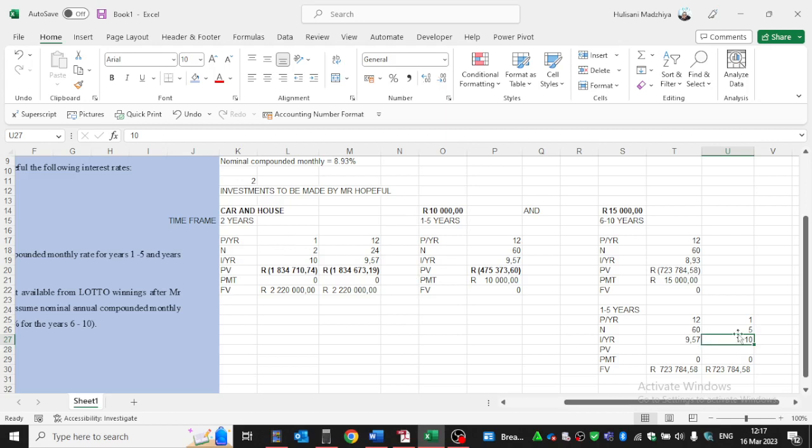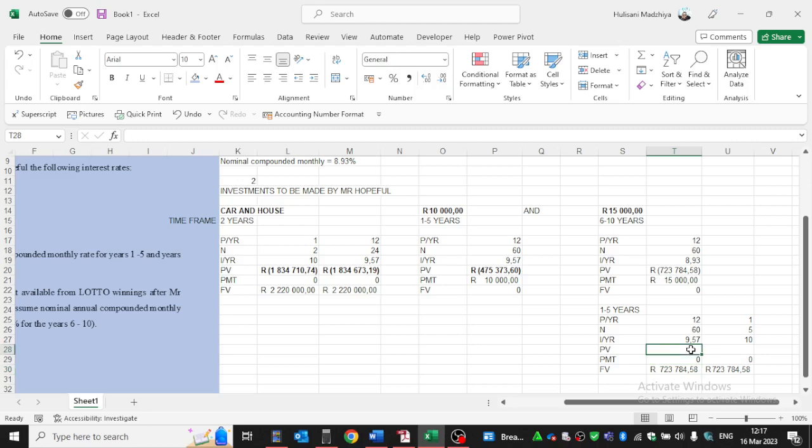So the 10% is what it earns annually for 5 years, and the 9.57 is what it earns for 60 months, during the period of 5 years. And therefore, no PMT, no withdrawal. This is the future amount that you will receive.